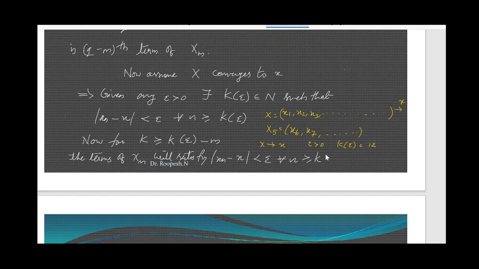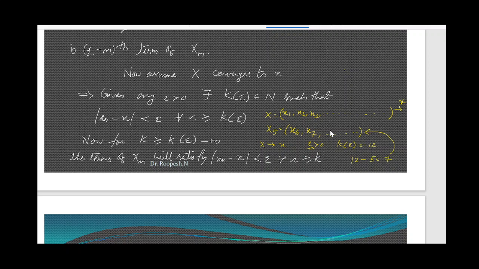So after the 12th stage onwards, the sequence has modulus of x minus x_n less than this epsilon. Now I'm taking k(epsilon) as 12, which means I can go for 12 minus 5, that is 7. Now this 7 will satisfy for x_5.